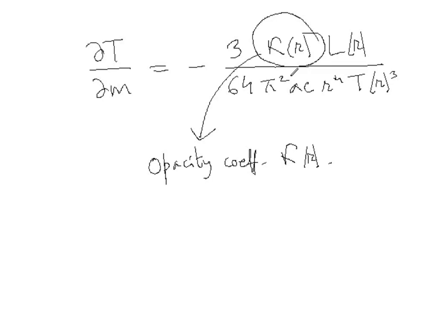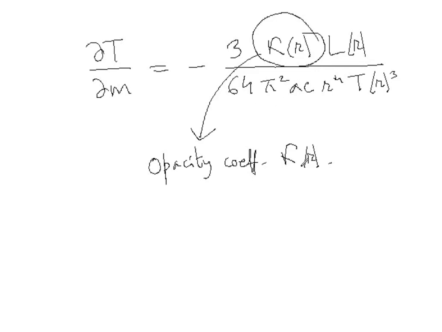Let me again say this. So basically what this term determines is the flux that can be transported by radiation for a certain temperature gradient, and that also to the point how large the temperature gradient must be in order to carry a given luminosity, this L, by radiation. Okay.